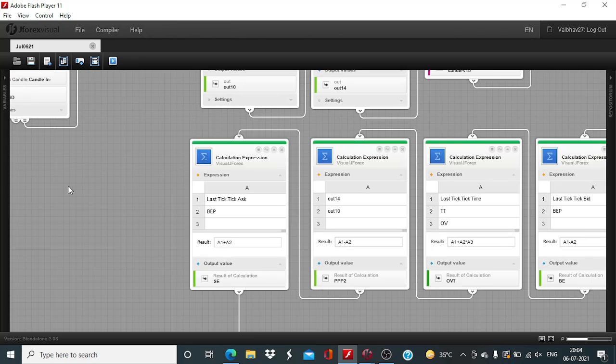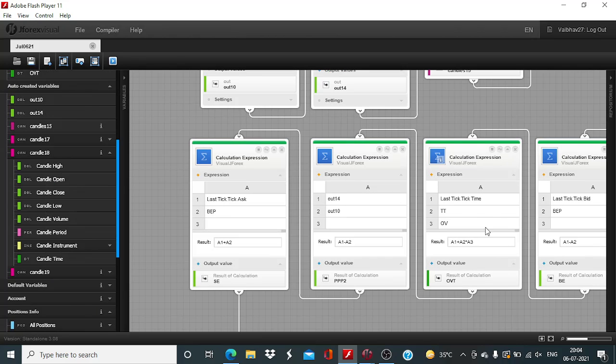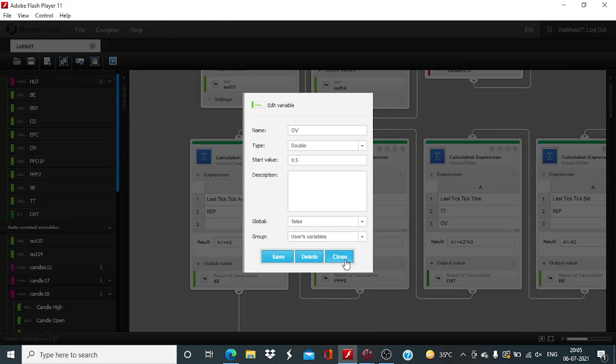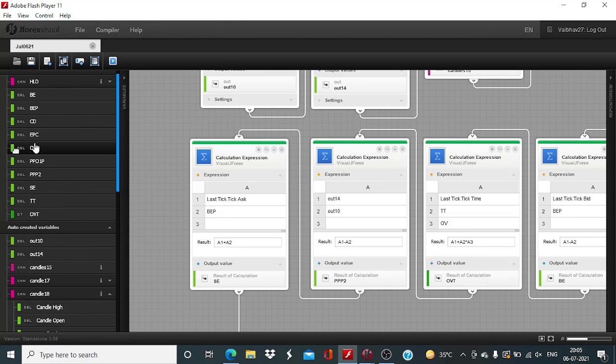Let me check once what are the values for these both the variables TT and OV, because these two variables were defined in last session, so I don't precisely remember. Okay, 0.5, that means order validity is half an hour.